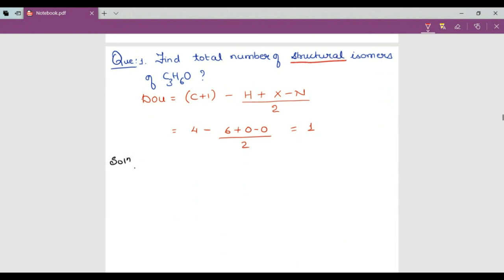Find total number of structural isomers, very clearly indicated. We need not bother at all about stereoisomers, if possible for this particular type of compound. So we'll just not think about that. We are simply asked to find the total number of structural isomers of C3H6O.